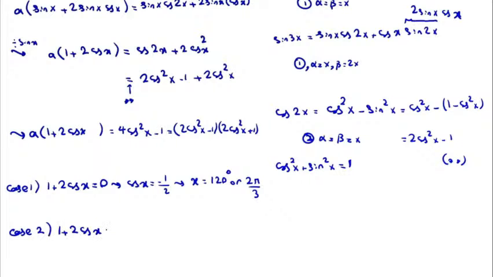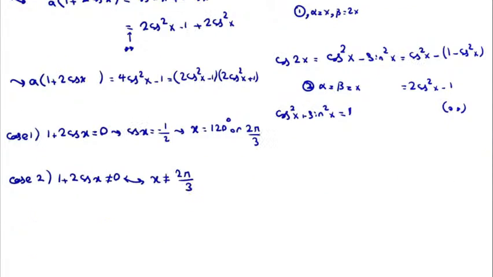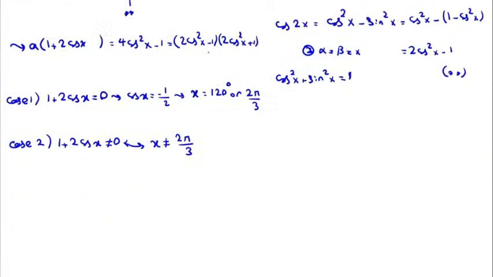Case 2. Suppose 1 plus 2 cos x is not 0. It means that x is not equal to 2 pi over 3. So, we can conclude a equals what? Let's call this equation, for example, 3. We consider 3 and divide both sides by 1 plus 2 cos x because it is not 0.